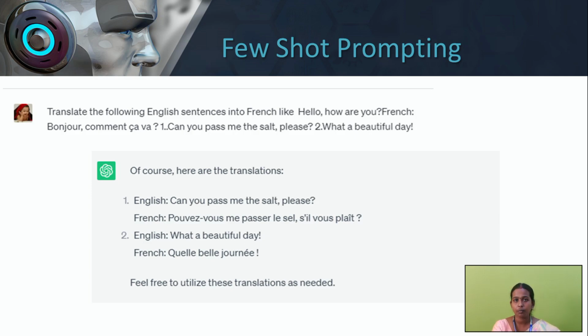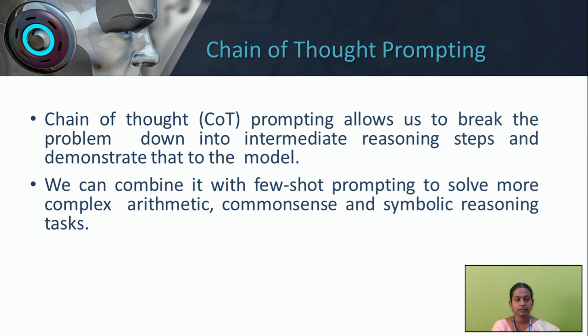It is converting and giving me the translations of both. It has given what a beautiful day in French. So in few shot prompting, you are providing the system with an example for the question you are asking.